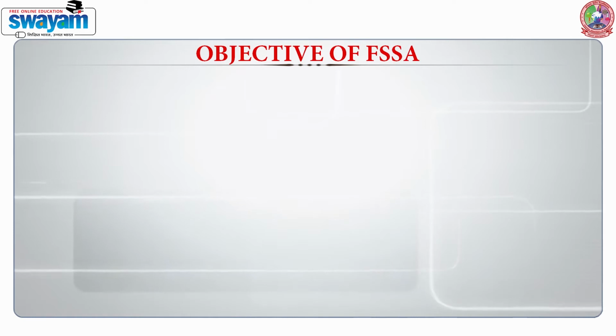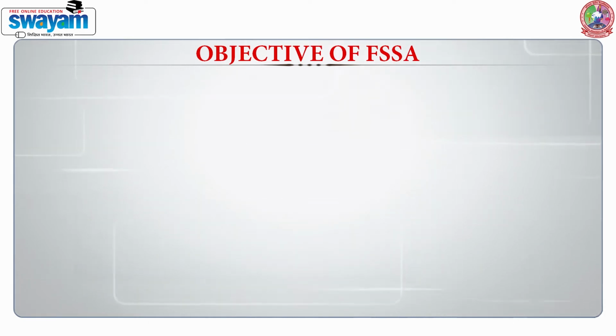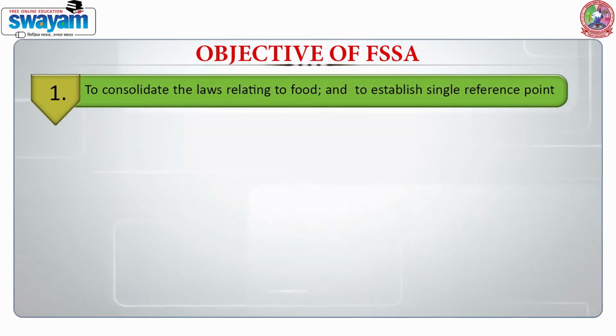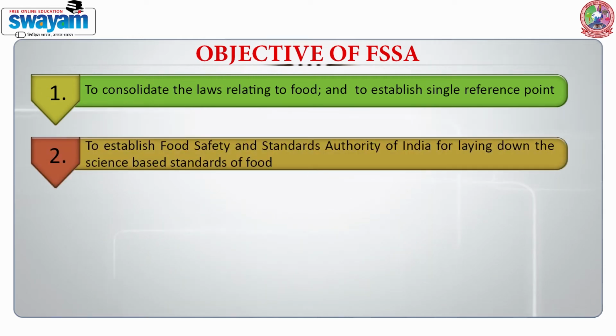When we talk about this Food Safety and Standards Act 2006, we should understand what the objectives of this act were. The first one was to consolidate the laws related to food and to establish a single reference point. Objective 2 was to establish the Food Safety and Standards Authority of India for laying down science-based standards of food.